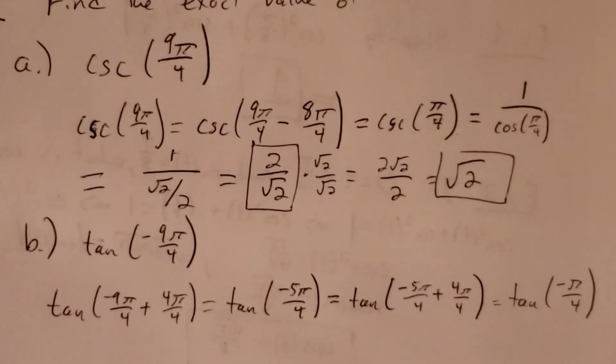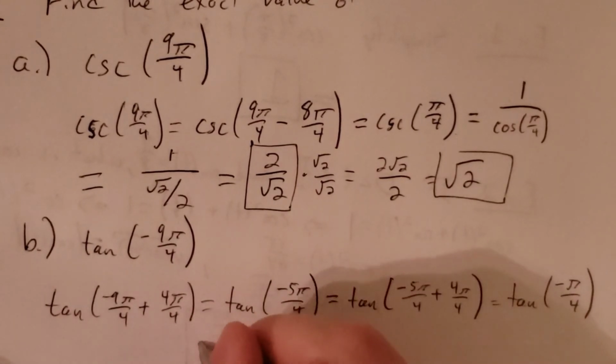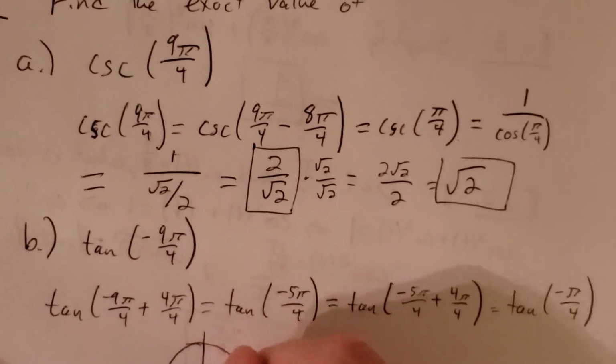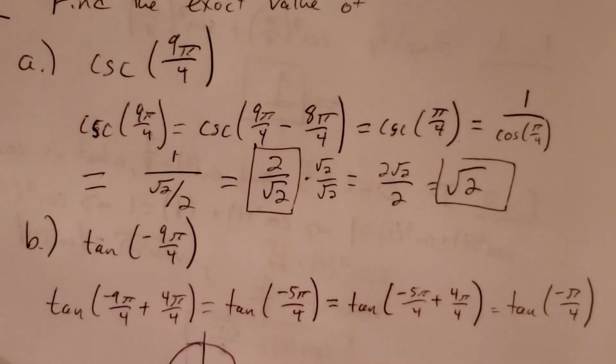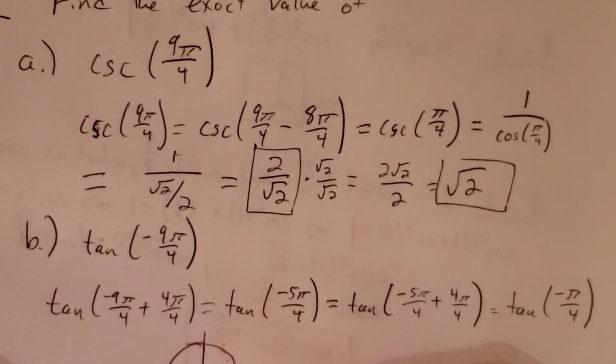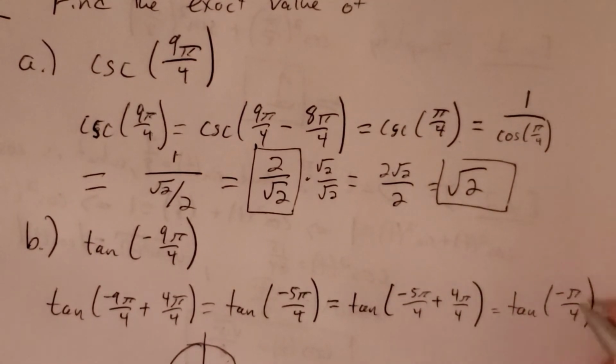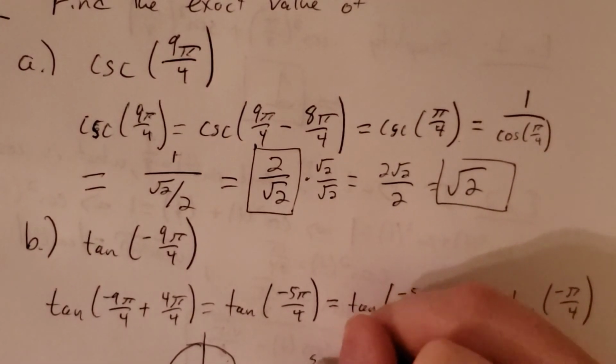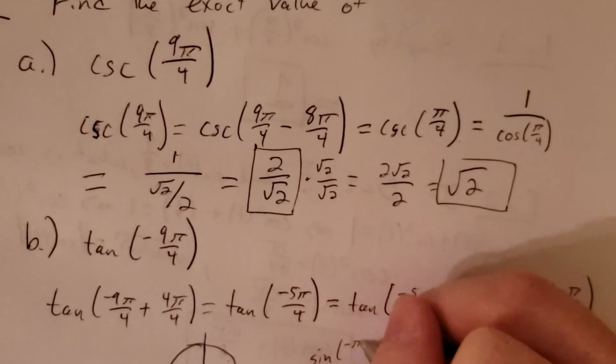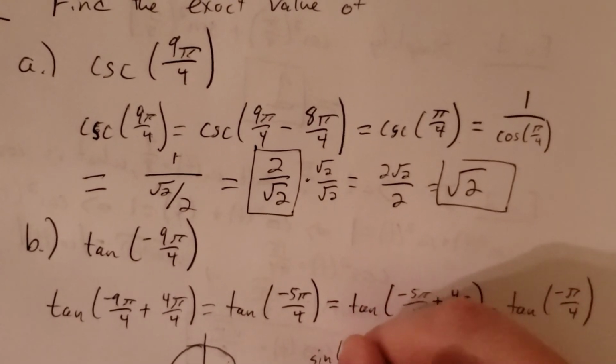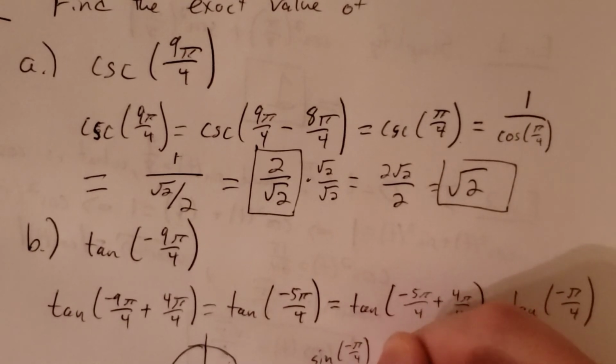All right, what is tangent of negative pi over 4? Let's draw our unit circle. Note that positive pi over 4 moves to this angle. Negative pi over 4 moves to here. At this point, we see that tangent of negative pi over 4 is the same as sine of negative pi over 4 all over cosine of negative pi over 4.